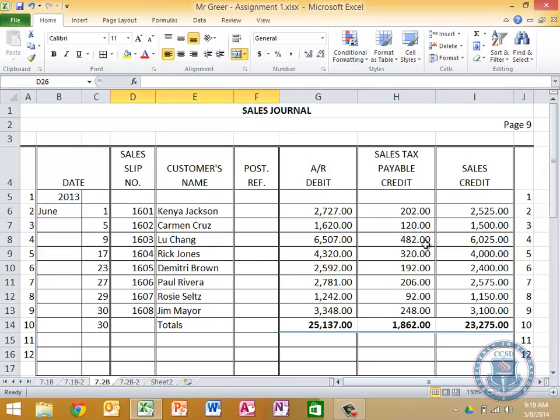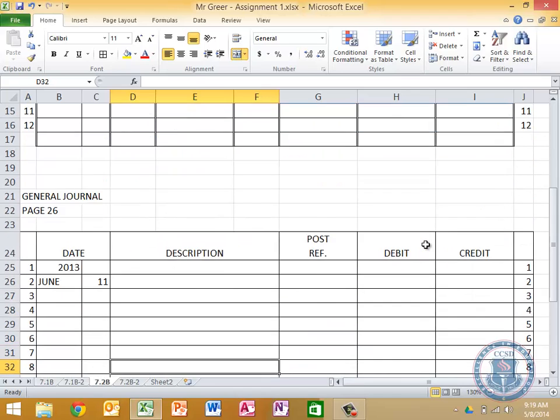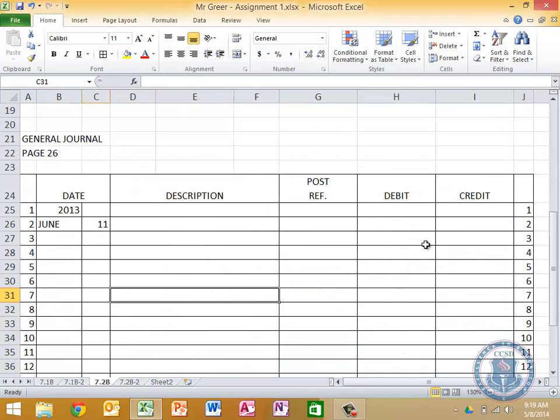So whenever we're doing a journal entry, can anybody tell me, do we do debits or credits first? Debit. We always do debits first when we do our journal entries. Correct. So our first one is not sales, but Sales Returns and Allowances.